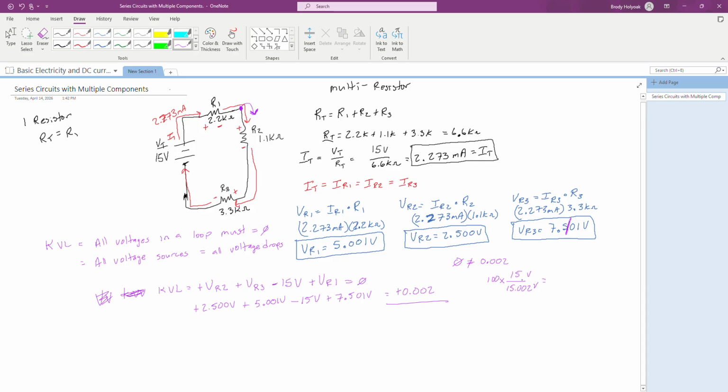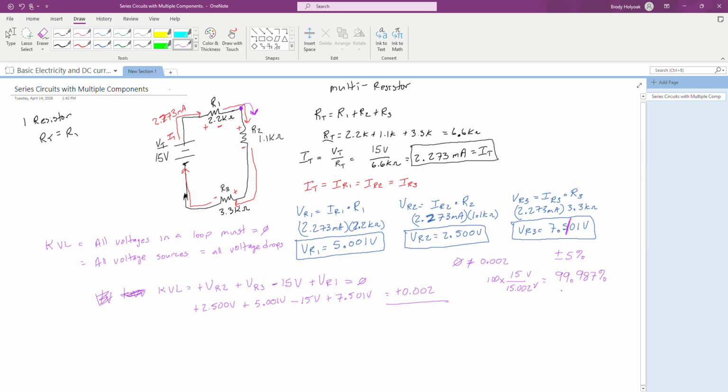So even with this, 15 divided by 15.002, times 100, we have 99.987% accuracy, and we are allowed plus or minus 5%.